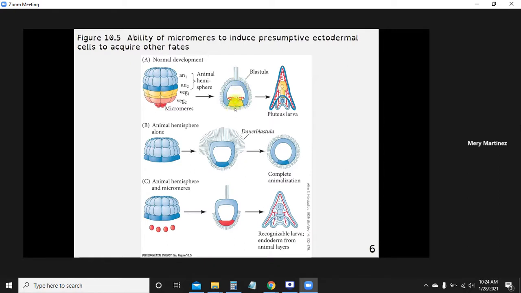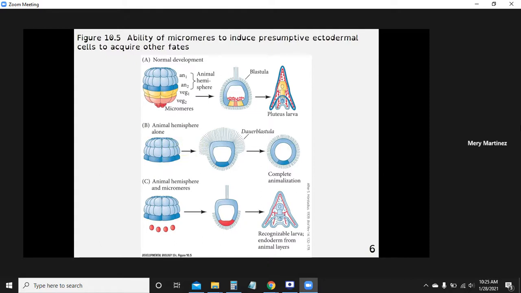And this is how it's going to go inside, and this cell is going to reach the other end of that blastula, okay? So the ability of micromeres to produce signals and change the fate of cells is very important in development. If they are removed, this is what we have in B here. So we only have the animal hemisphere, okay?